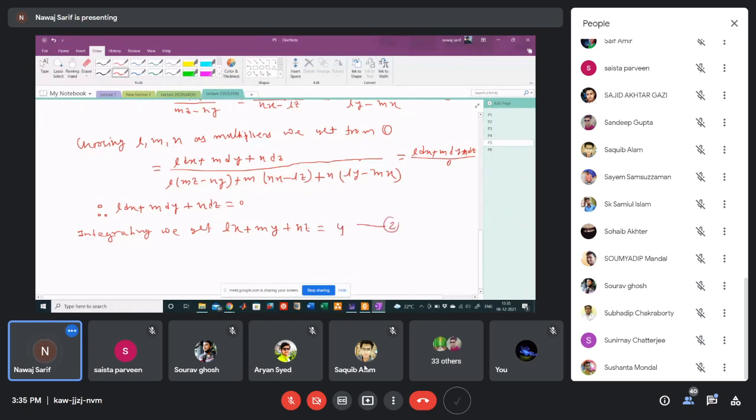So this is your first solution. Now to obtain another solution, you have to use another multiplier. So what kind of multiplier do you choose?